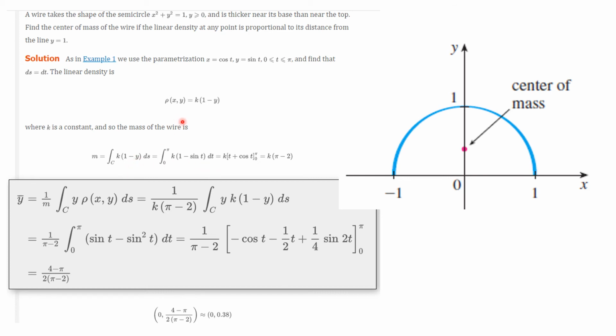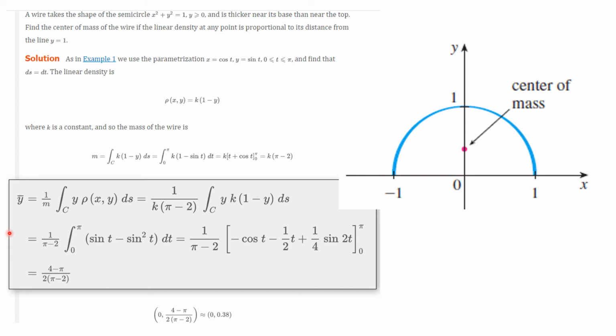That is the integral from 0 to pi, because we do half of this, of k times 1 minus sine of t. Here we get some absolute values because the mass is always going to be positive. Evaluating this from 0 to pi, we get k times pi over 2. Now, that is going to be the mass.